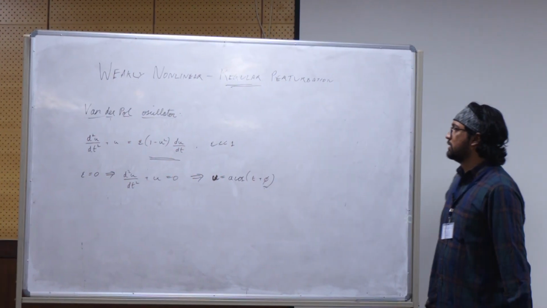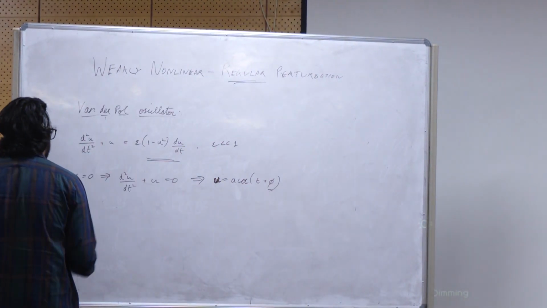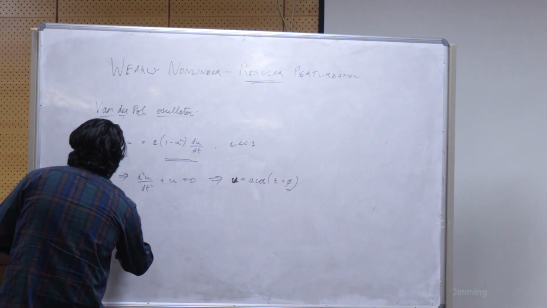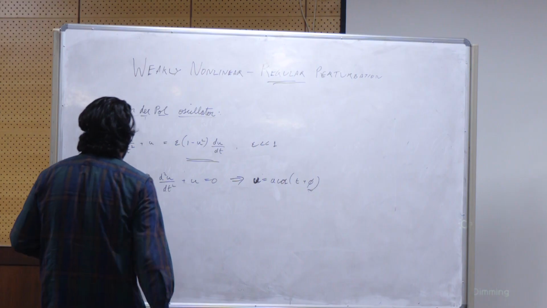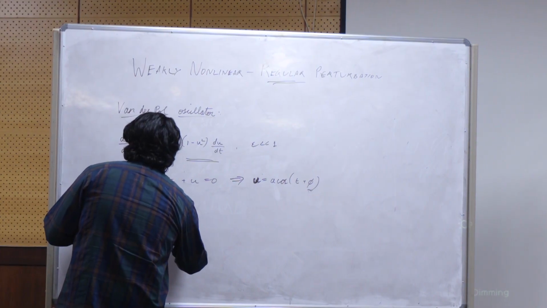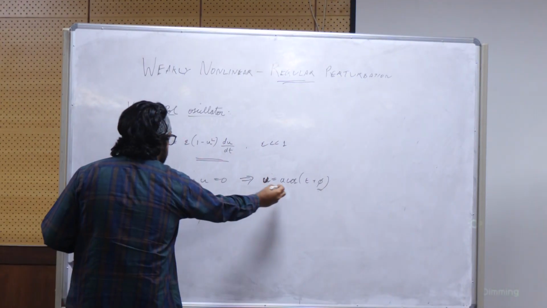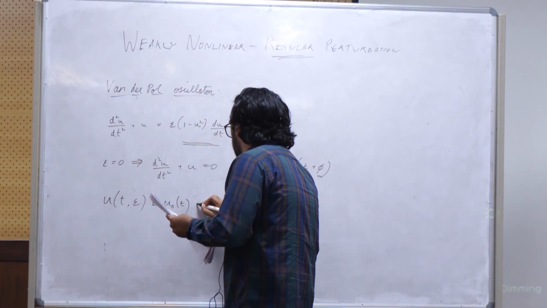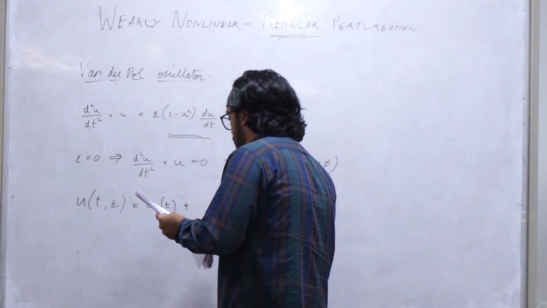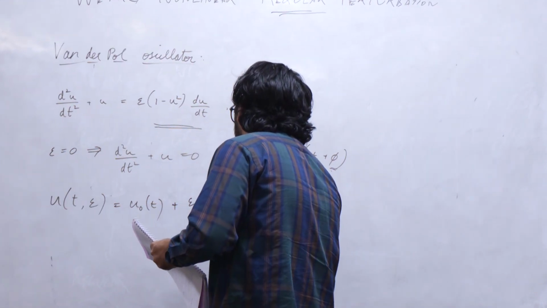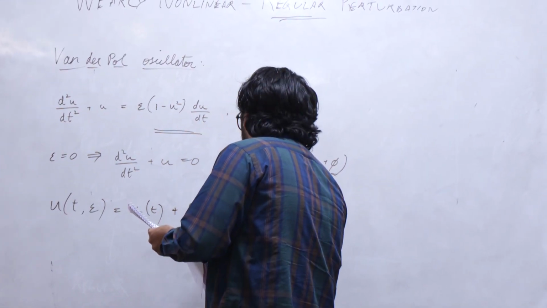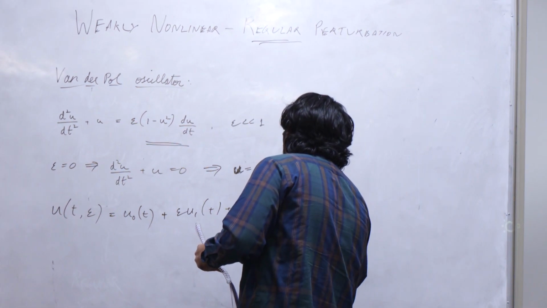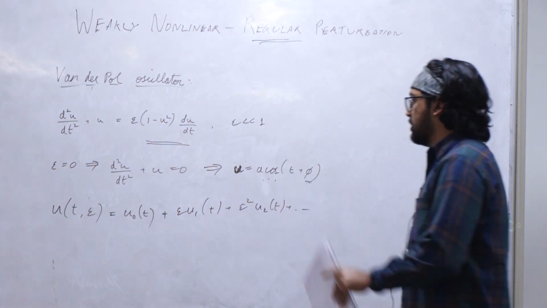Now again, the solution of the original equation, that is the nonlinear equation, can be expressed as a function of t given by u naught of t, which is the solution to the linear problem, plus epsilon u1 plus epsilon square u2 and so on.